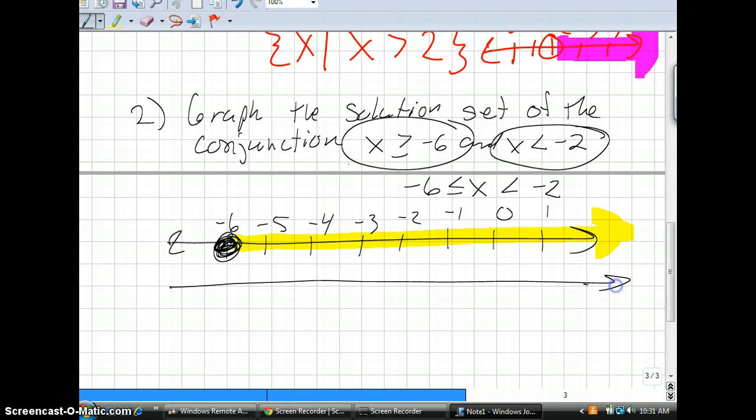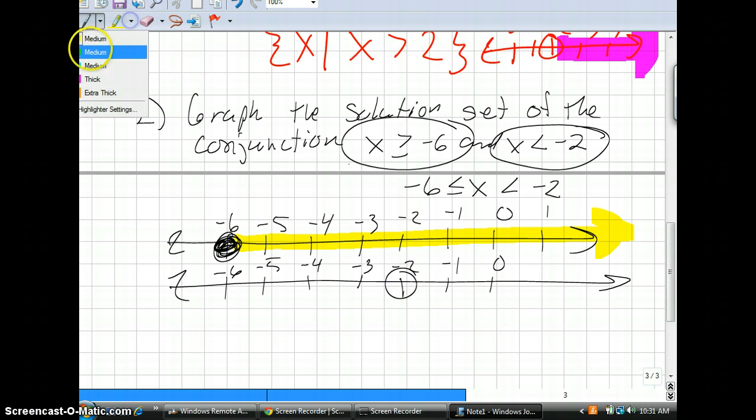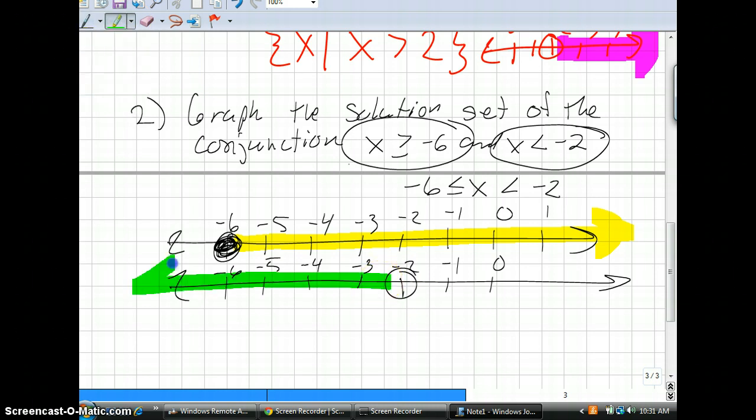So again, if I did a separate number line for that one, x less than negative 2 would be an open circle here and an arrow going this way. Well, where are they both true all the time? They're both true all the time from here to here. So it's all of this in here because that's where we see both colors.